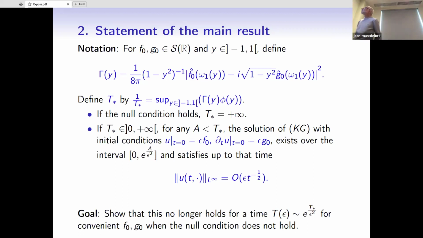And our goal will be to prove that this property no longer holds if instead of staying below e to the a over epsilon square, we take t to be a larger time that we call capital T of epsilon, closer to this blowing up time.